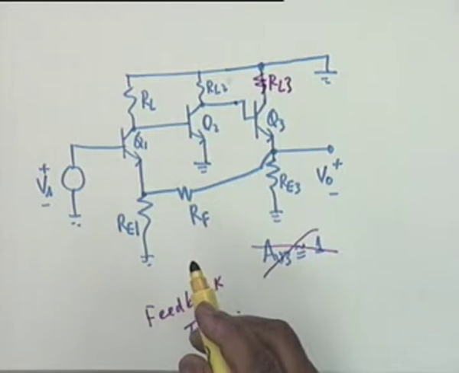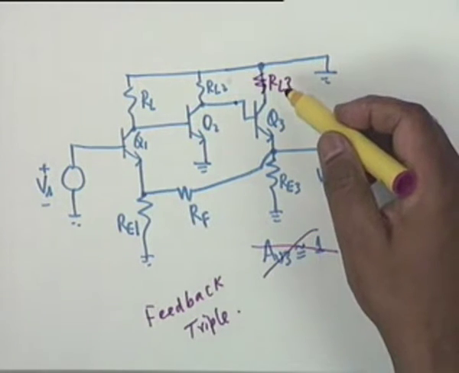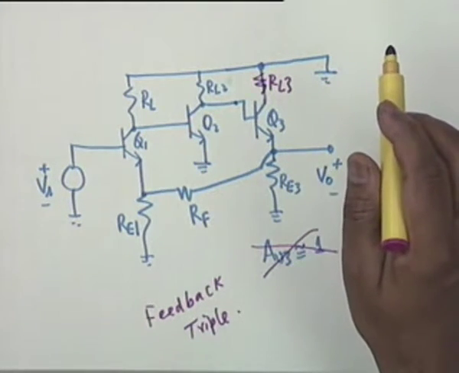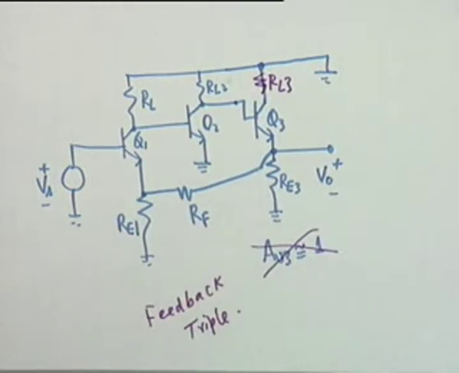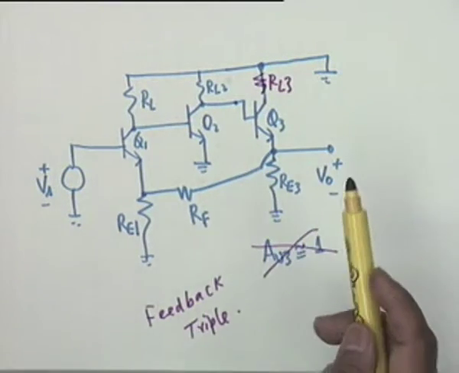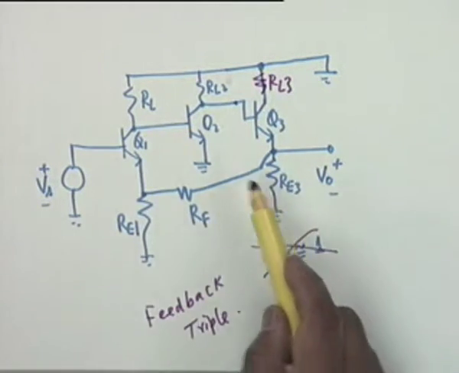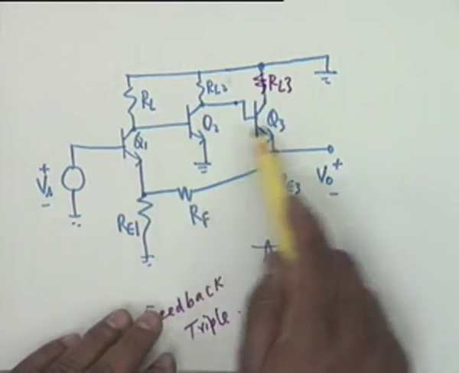If RL3 is absent, if RL3 is 0, then it is a feedback pair with a common collector output. If RL3 is not equal to 0, then this is a feedback triple. You can see that the overall feedback is negative, and all the three stages take part in amplification. So it's called a feedback triple. This is a three-stage amplifier.